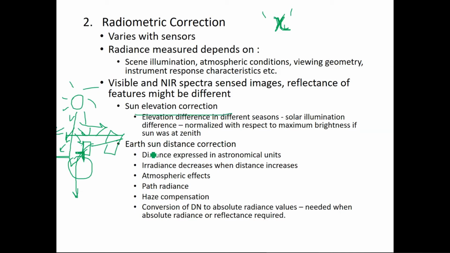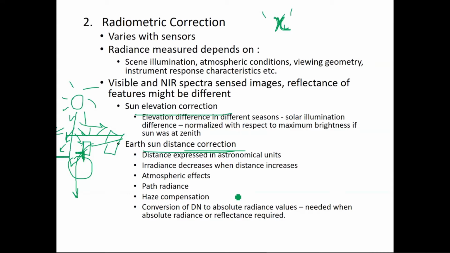One is the sun elevation correction and the other is the earth-sun distance correction. The sun elevation correction is needed because the elevation is different in different seasons, so the solar illumination also will be different. So it is normalized with respect to the maximum brightness if the sun was at zenith, exactly above a particular feature.